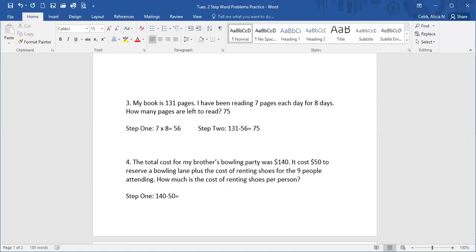And that will give me 90. Now I have to figure out with $90, how much will it cost for each person to rent their shoes? Because we have $90 and we have 9 people. So that means I'm going to divide.